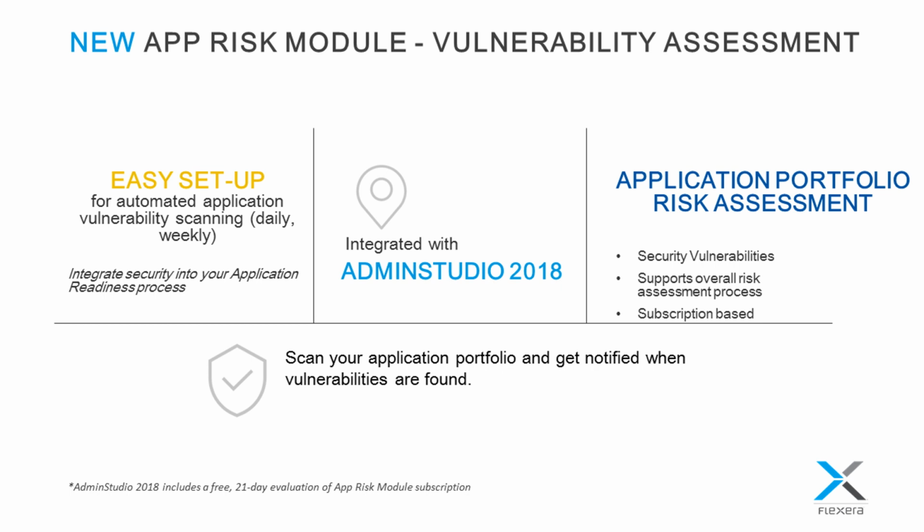This can be done when you add an application to the catalog. It can be done on demand. And more importantly, it can be done on a schedule. So you can have it run daily or weekly or monthly. And when you go into AdminStudio, you'll be able to see the results of your risk around securities, the patches or packages in your portfolio.